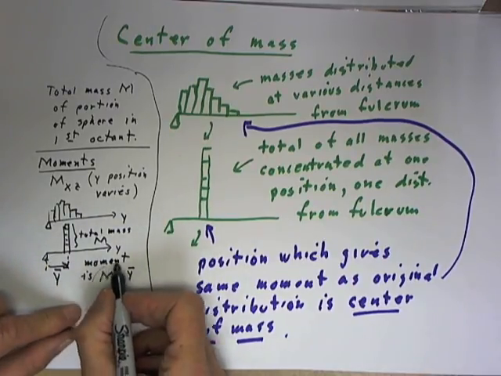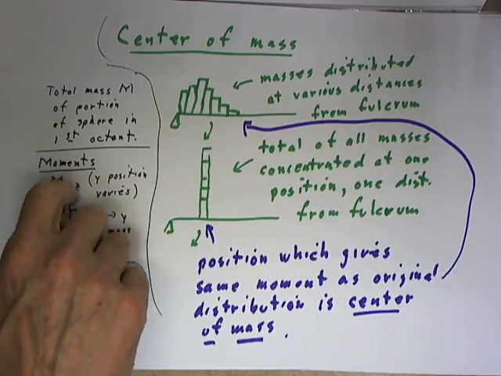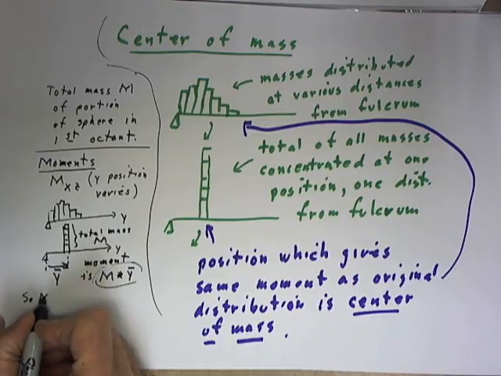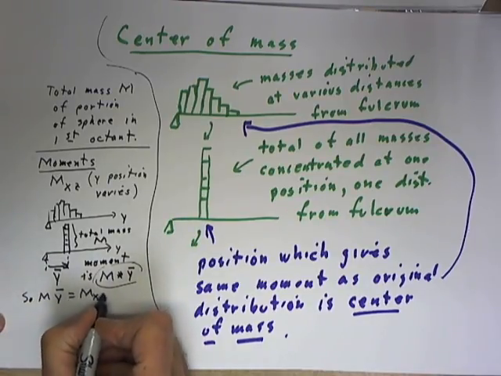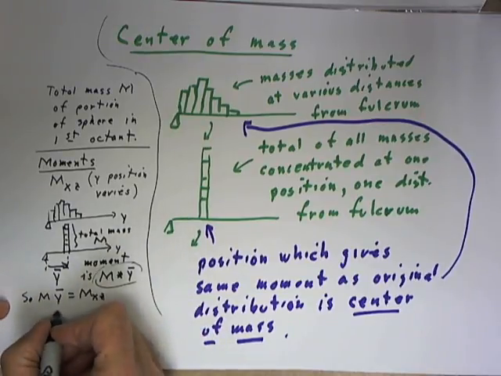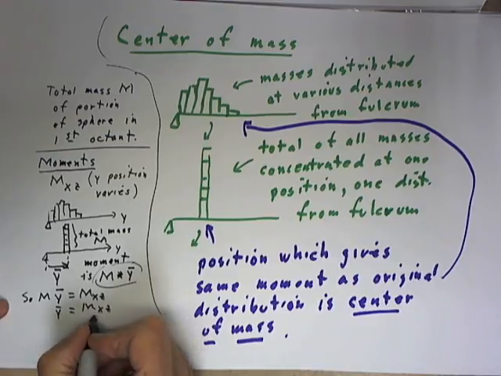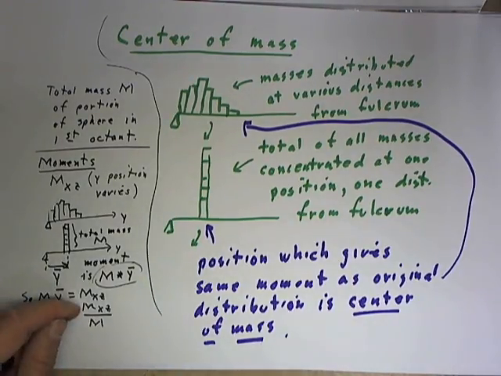The total mass would be m times y bar. It follows, if this moment is the same as this, that m y bar equals mxz, so that y bar equals mxz over m. Of course, mxz is one integral, m is another integral.